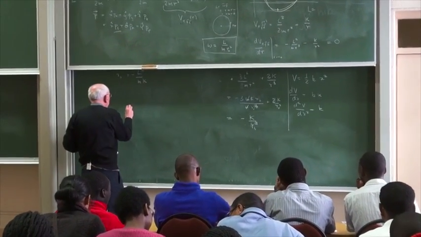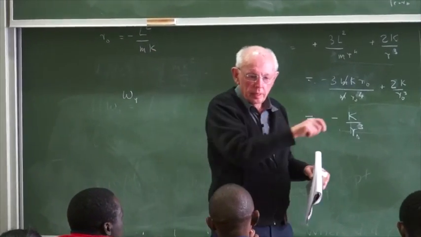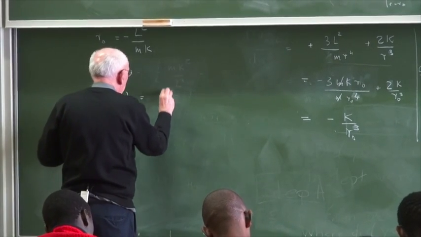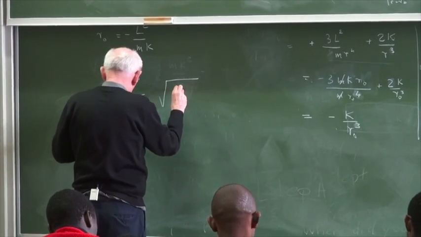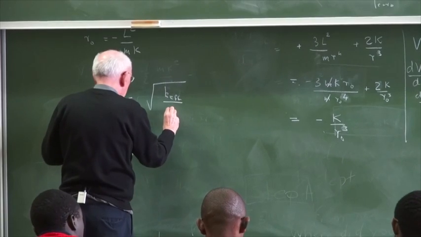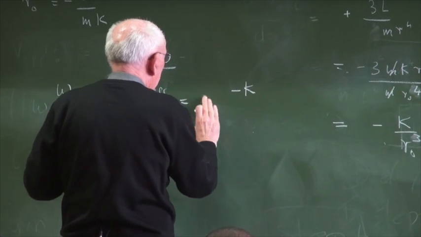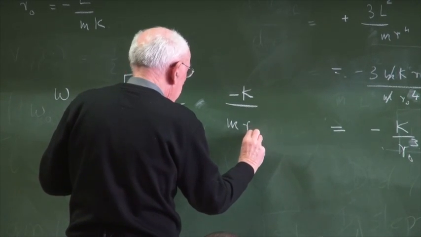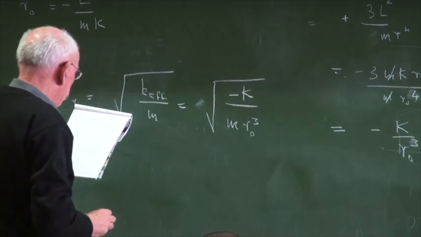Now we want to calculate the frequency with which this thing moves in the r direction. And that is equal to this spring constant, which we have just calculated, divided by k effective over m, and that is equal to minus k over mr0 to the third. Square root of that.